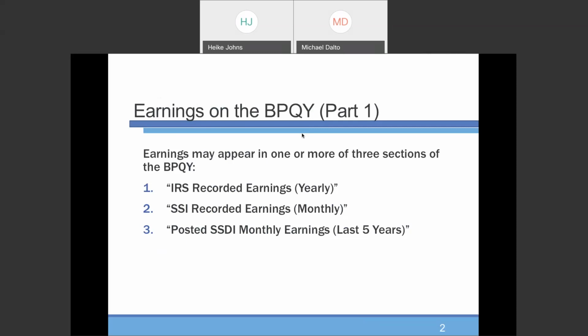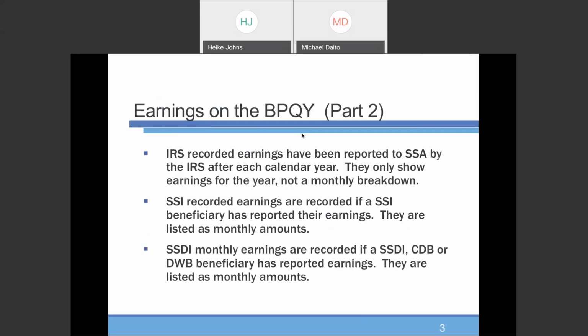This will have data in it if the person receives a Title II disability benefit and they have reported earnings and Social Security has entered them into the system sometime within the last 5 years. So again, the IRS earnings record only shows annual amounts, not monthly breakdowns.